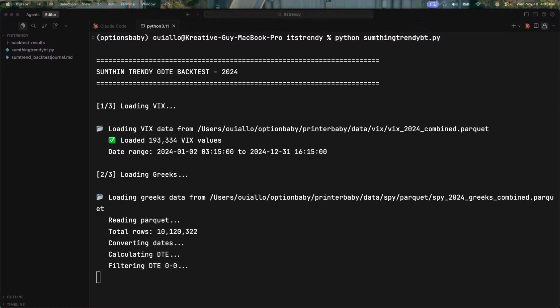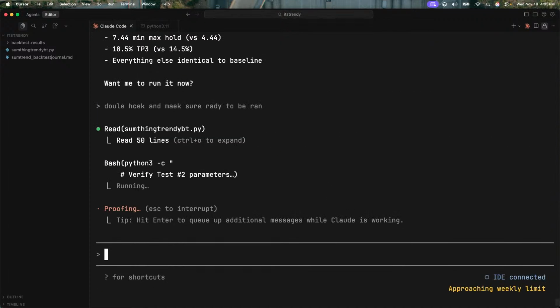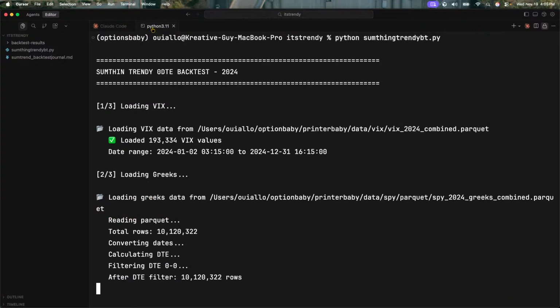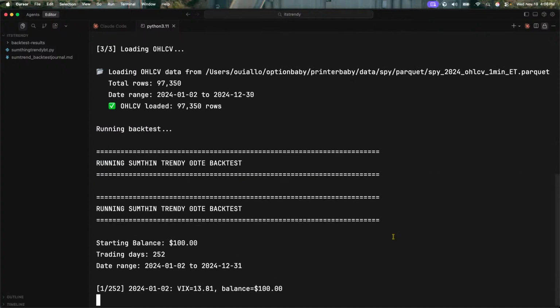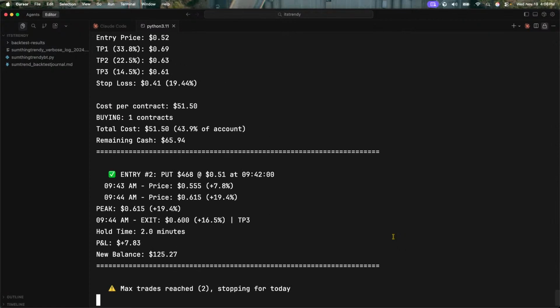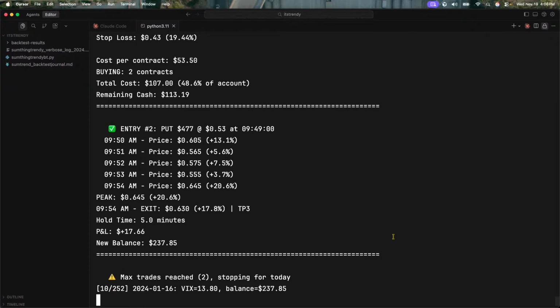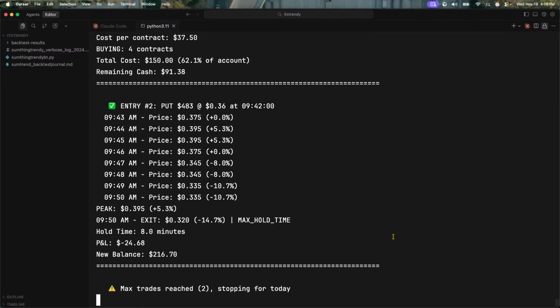I need to get a baseline for 23. So it's loading the data. It takes a couple of minutes to load the data. You try to do something 10 million times and tell me how long that takes you, right? All right, here we go. And we are running, ladies and gentlemen.